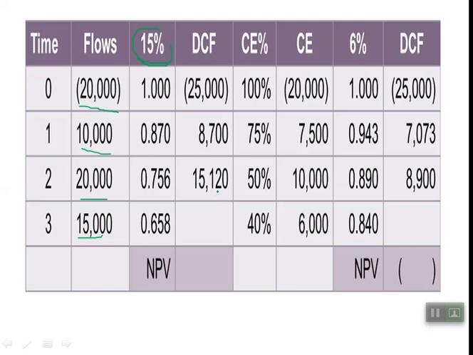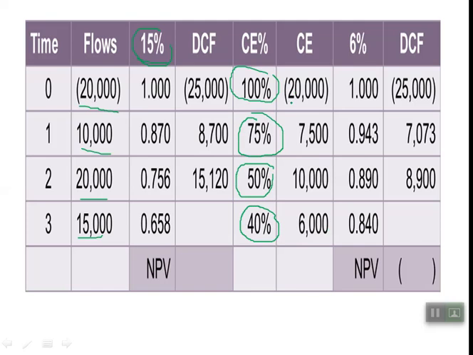Now, in the next step, we are adjusting for certainty equivalent factor. Because we have these factors, in period 0 we always have 100%. There is no risk in period 0 because that's where you are standing. Period 1, we should adjust using 75%. Period 2, we should adjust using 50%. And period 3, we should adjust using 40%.